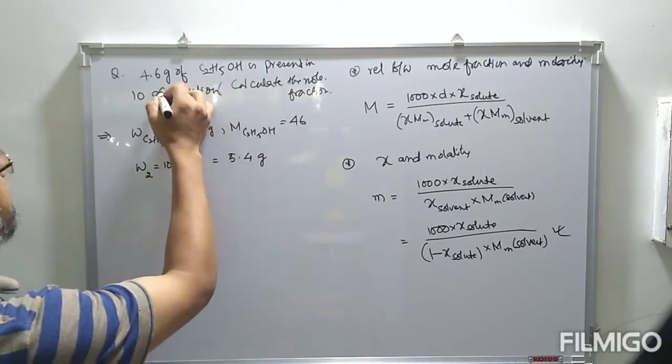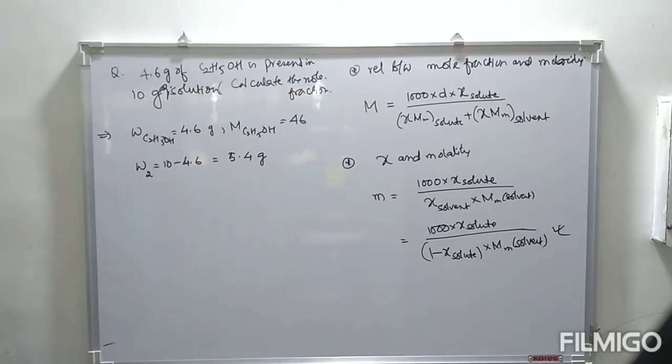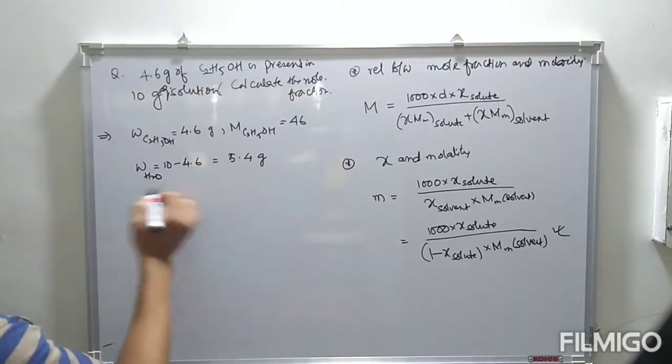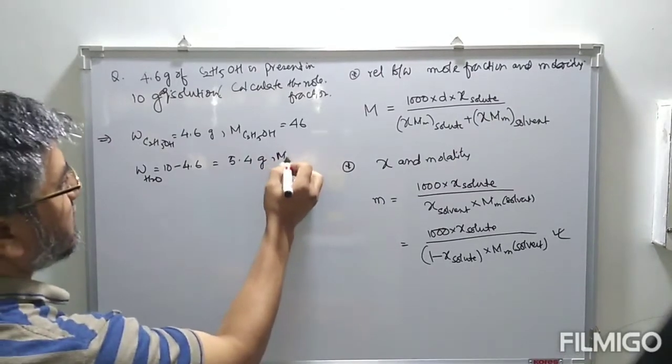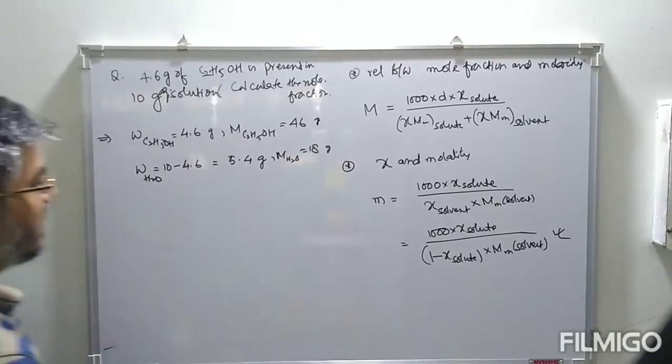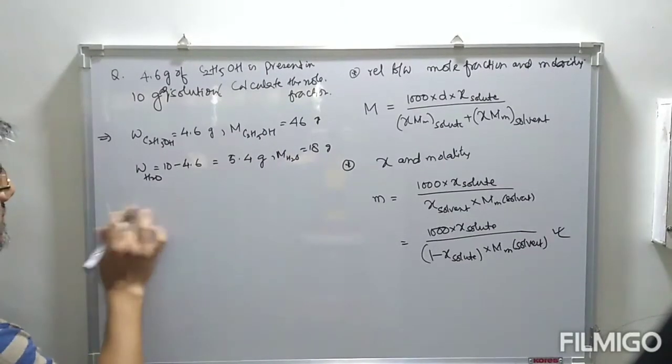Ten gram of aqueous solution. So mass of water is 5.4, molar mass of water is 18 gram.